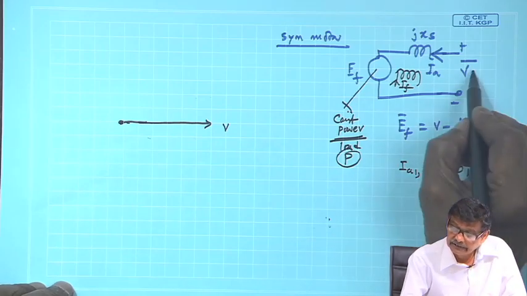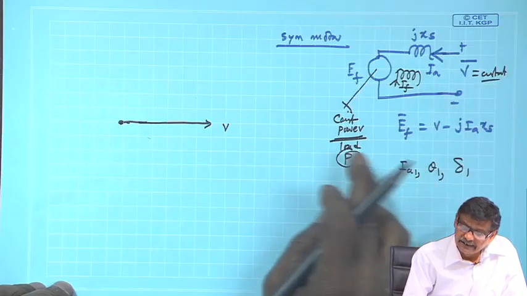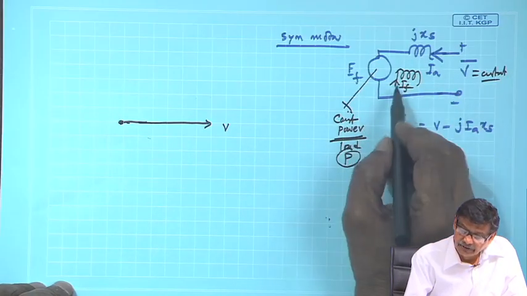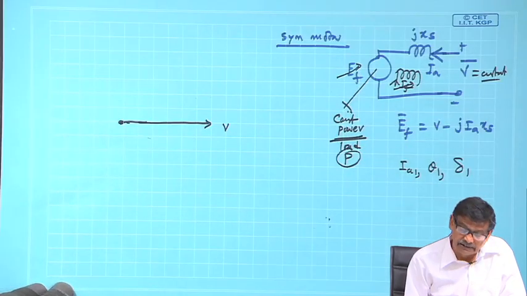V is a constant bus. So, if you vary the excitation field current, your E f is going to vary, that is the idea.